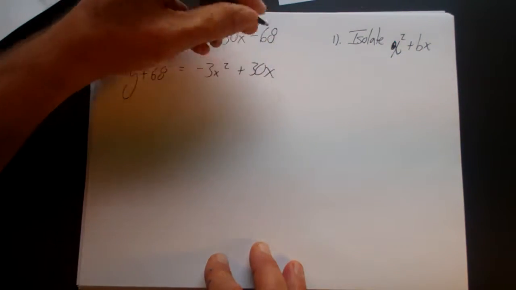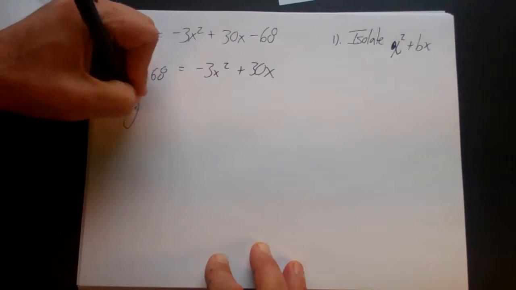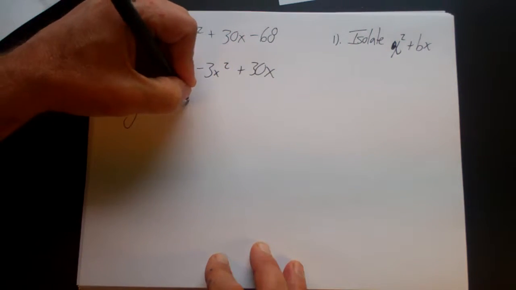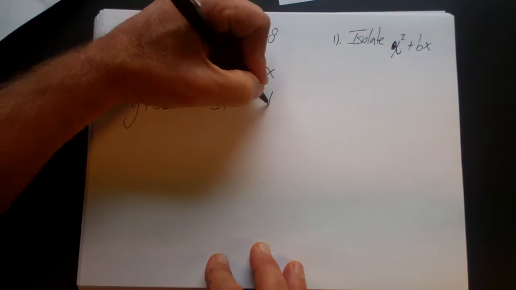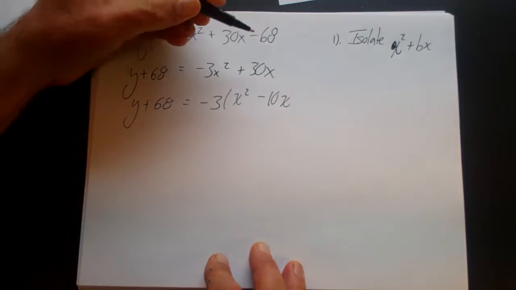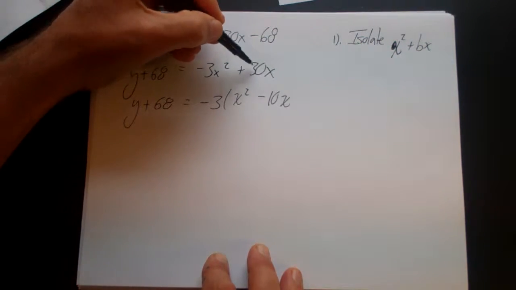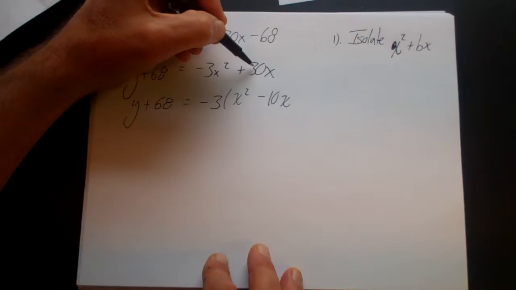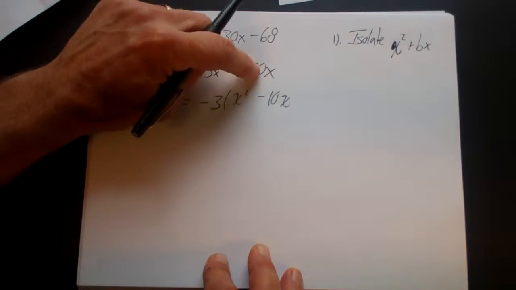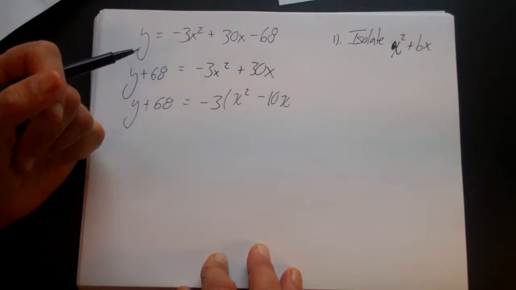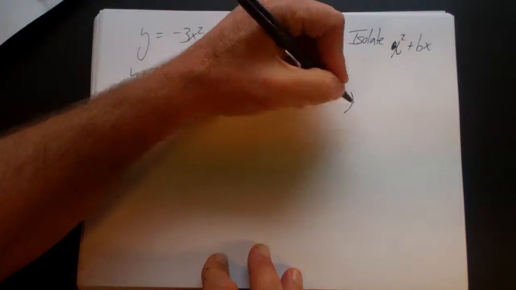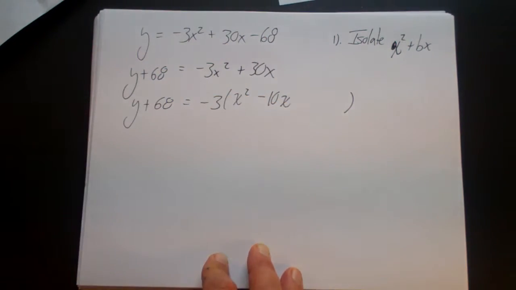And then I'm going to factor out a minus 3. Minus 3, x squared, that's going to be minus 10x. Now watch, when I take out a minus 3, the 30 becomes a negative 10. Now you could take an x out, but that doesn't help you any. It's not necessarily wrong, it's just a dead end. I'm going to leave a space here because I'm going to put something right there.